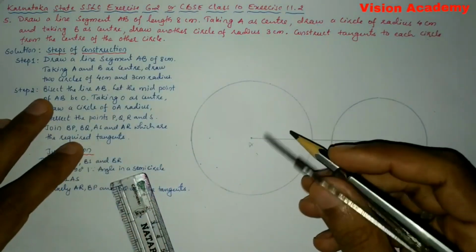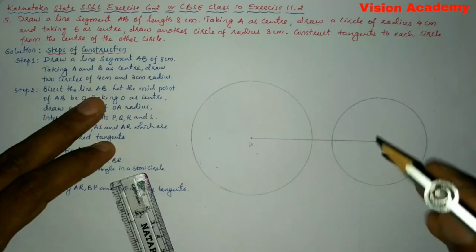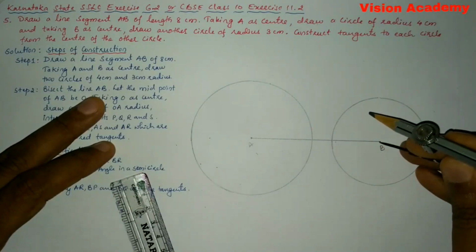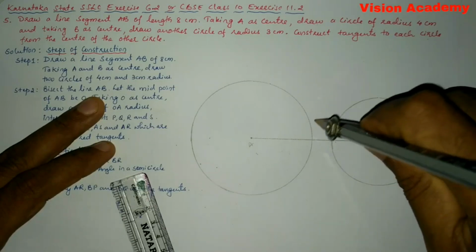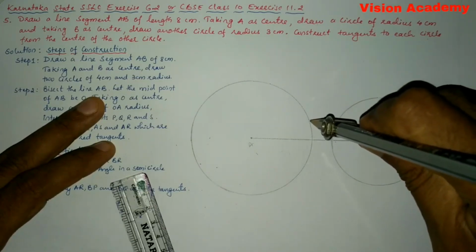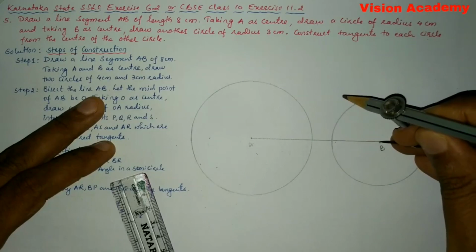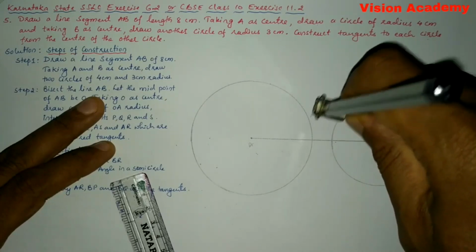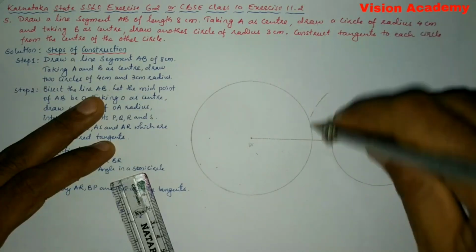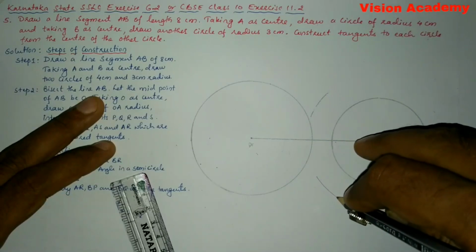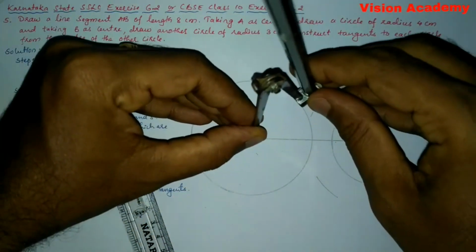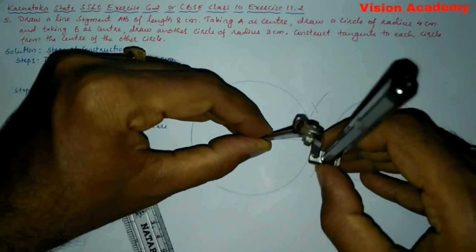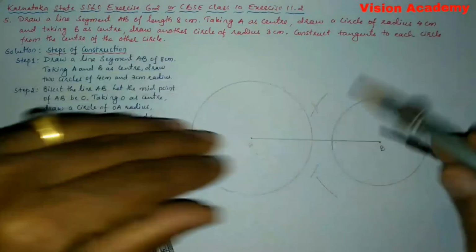Now step 2, bisect the line AB. In order to bisect the line, we have to take a length more than half of AB. So keeping on point B, let us draw one arc here and one arc here, and keeping on point A, cut these arcs.